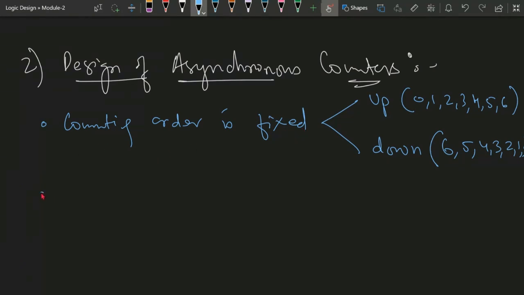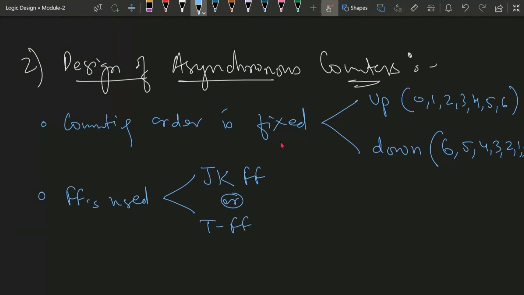Next, in asynchronous, the flip-flops used are only either JK flip-flop or T flip-flop.